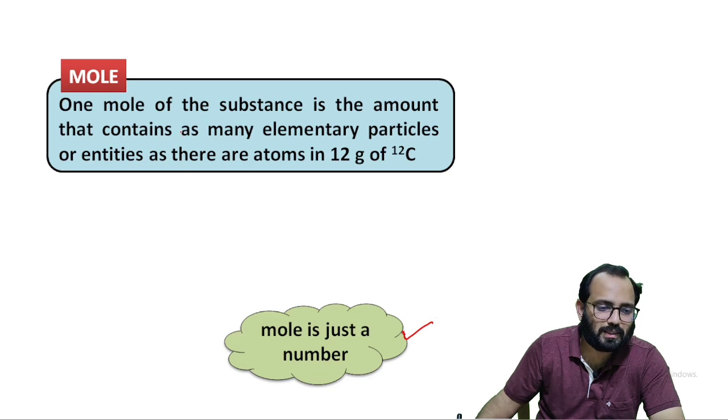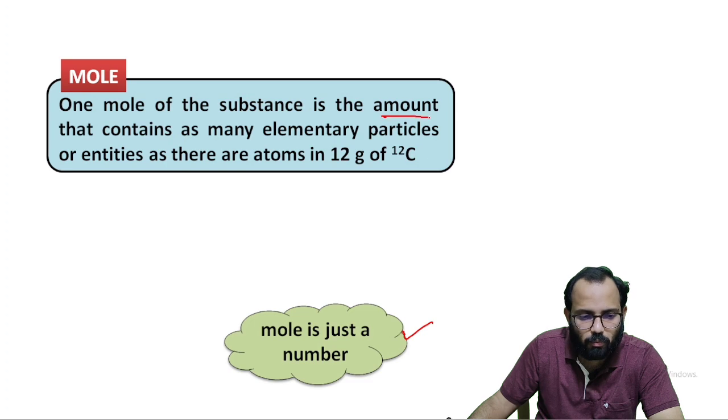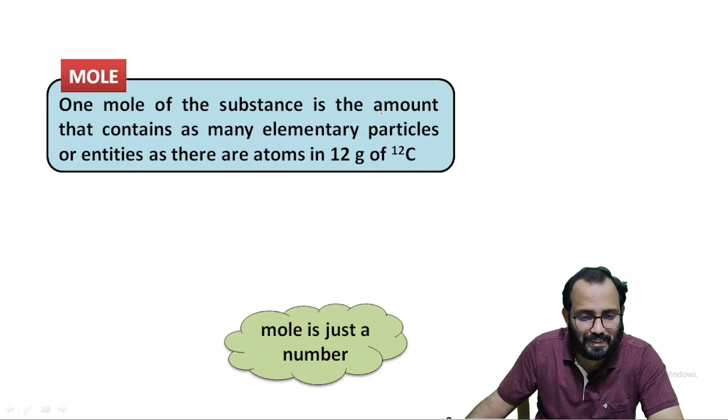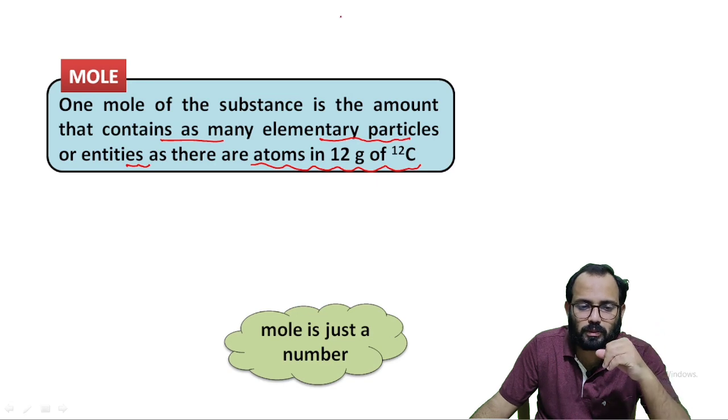So what is 1 mole? They are defining 1 mole as the amount that contains as many elementary particles or entities as there are atoms in 12 gram of carbon 12. Look at that carefully. Assume there are some atoms in 12 gram of carbon 12.